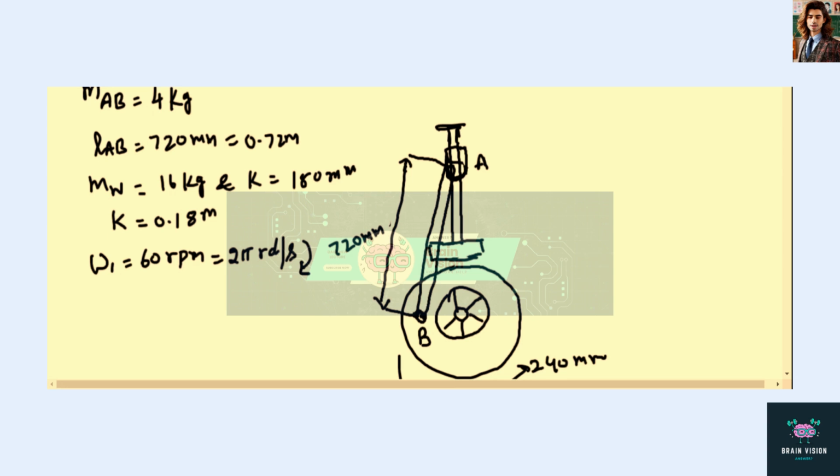We have to calculate the velocity of the flywheel when point B is directly below C. This is the C point, I am marking with blue color.